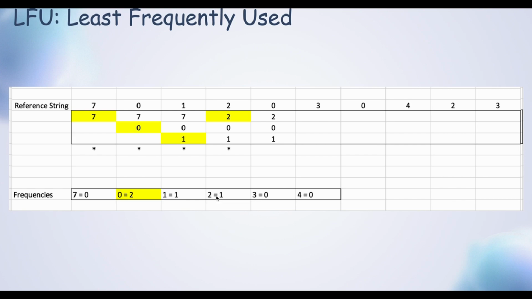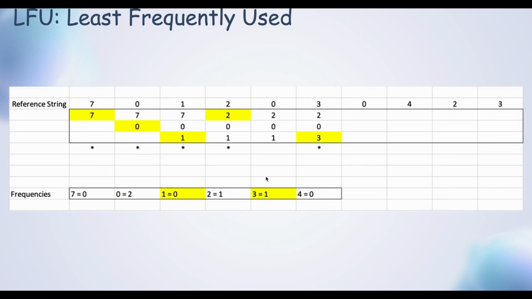We continue to use the FIFO algorithm in this case. So 1 came to the cache before 2, so we have to replace 1 by 3 in this case. And it is a page fault, so I will leave a star right below it.